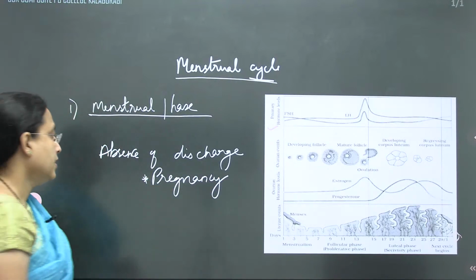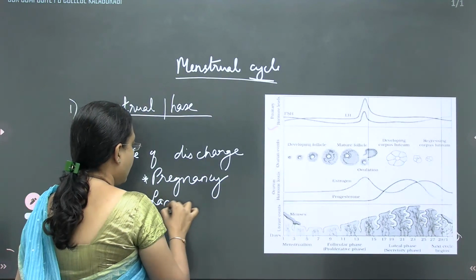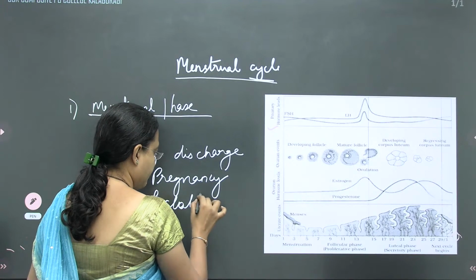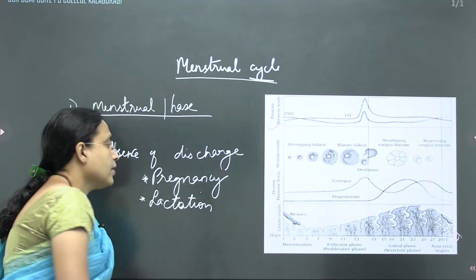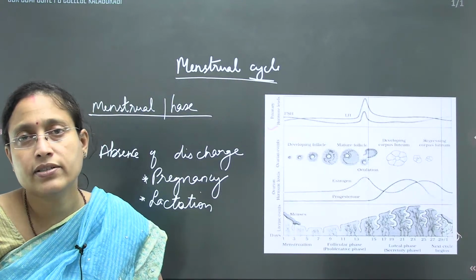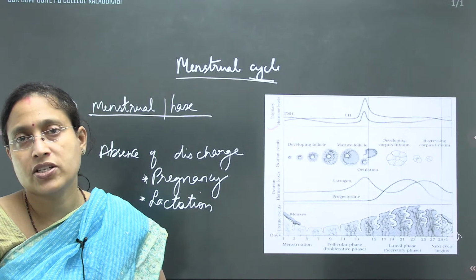Then second, lactation. During lactation, for a period of around 6 months, there is no menstruation. What is lactation? Production of milk by the mammary glands is called lactation.